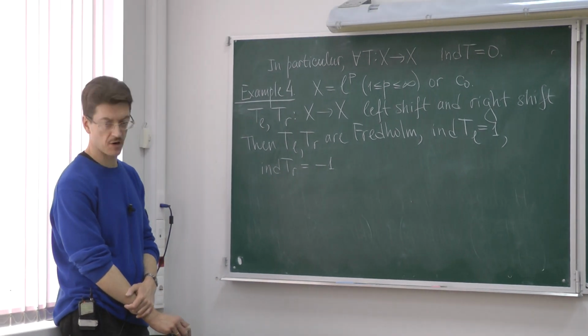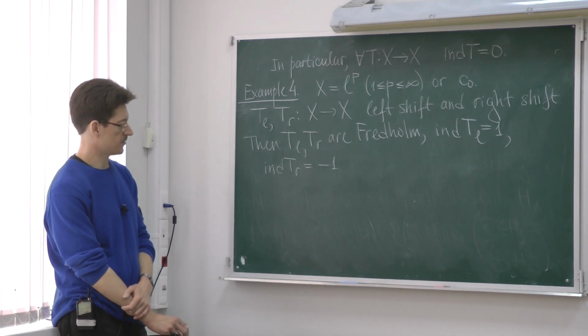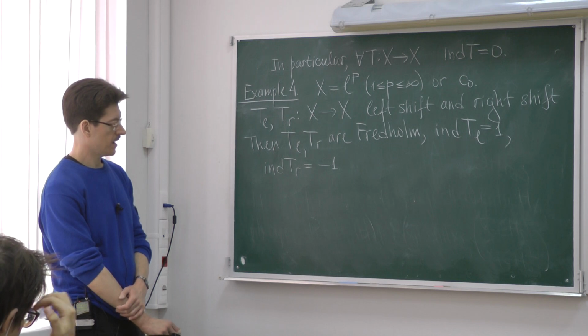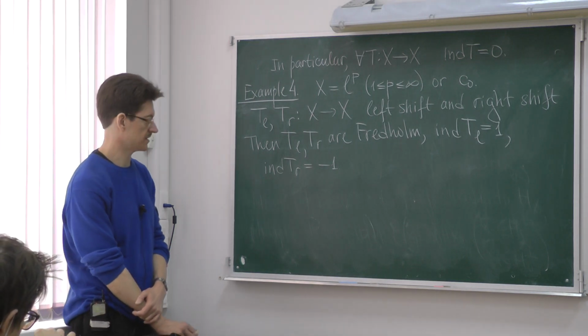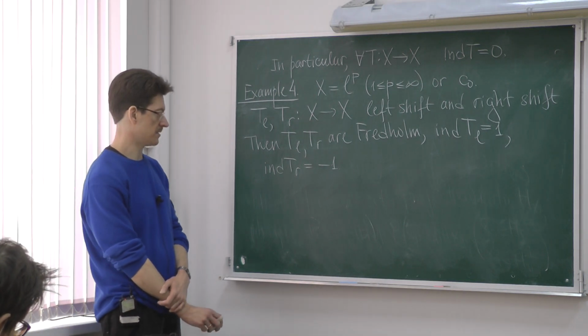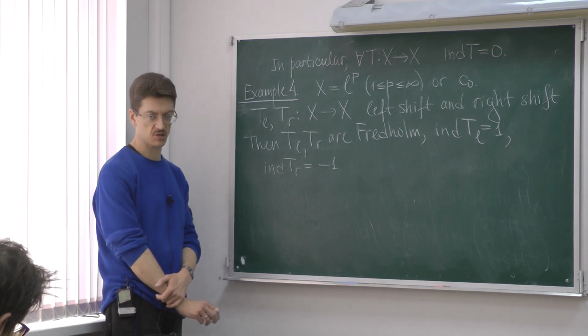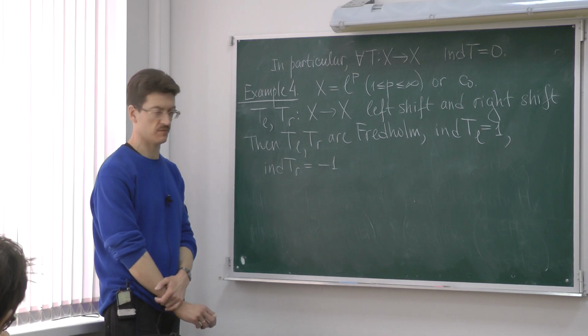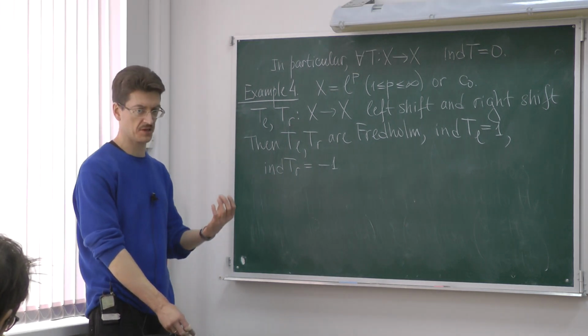If we now look at the right shift, first of all, it is injective, obviously, so the kernel is trivial. But the cokernel is not trivial because it is not surjective. More exactly, the image of the right shift is a codimension 1 subspace, which consists of all vectors whose first coordinate is 0.